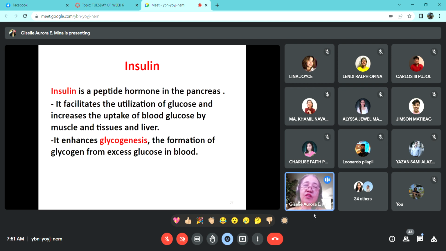Although this can also be through a genetic disorder wherein it is inherited from their parents, and even at a young age their system can no longer synthesize or produce insulin, and at their early age they were already injecting themselves with insulin. So take note that it is important in removing any excess glucose in blood and converting it into glycogen. That is the reason why insulin enhances glycogenesis, the formation of glycogen from excess glucose in blood.